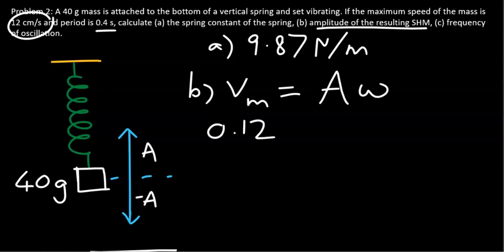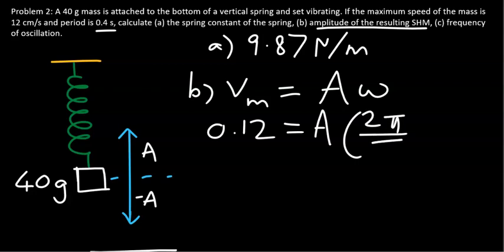We have converted the maximum speed from cm per second to meter per second. This equals amplitude times angular frequency. Angular frequency in terms of period is 2 pi over T, where the period is 0.4 seconds. And we can solve for amplitude.